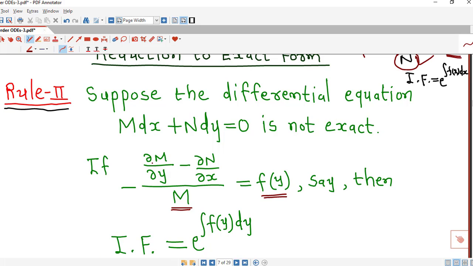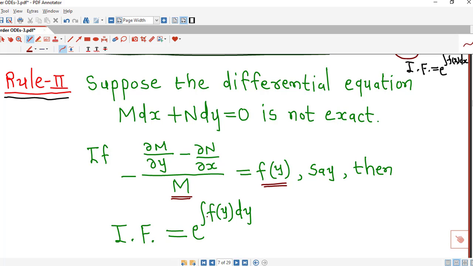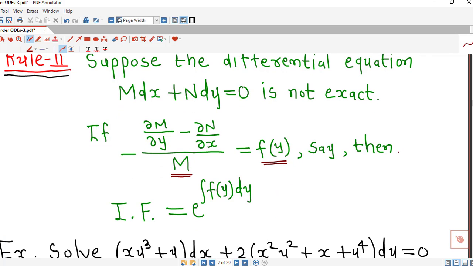If negative of (del M by del y minus del N by del x) divided by capital M equals a function of y only, then the integrating factor is given by e to the power integral of f(y) dy. In the first working rule, we consider (del M by del y minus del N by del x) divided by capital N, and this is required to be a function of x only.